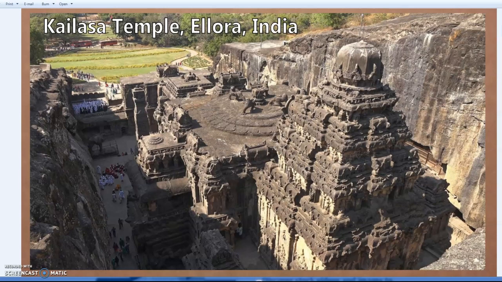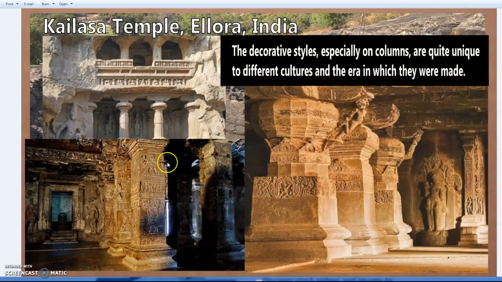Now, the Kailasa temple in Ellora, India, 108 feet by 100. The measurements in there are, again, beautiful connections. But just by the style of the decoration, you see where you are. For instance, the column styles tell you where and when these were built. Just like the Doric, Ionic and Egyptian columns, they've been repeated throughout.